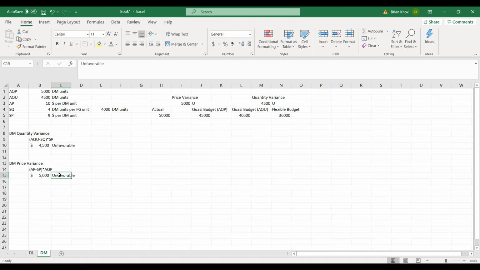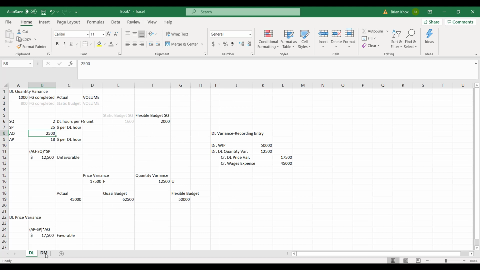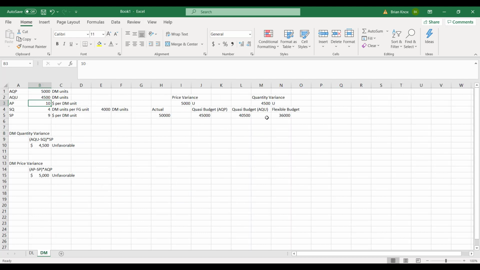Okay, now this tells an interesting story, and with a little investigation, perhaps the story goes like this: the purchasing manager separately thought that they would be able to benefit the company by getting a slightly higher quality of input for this particular direct material, and so it cost a little bit more. The theory is that would have had an unfavorable price variance, but that would have been an offsetting favorable quantity variance.